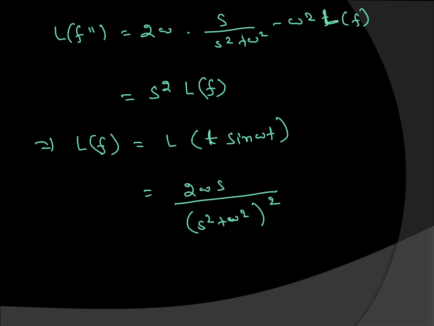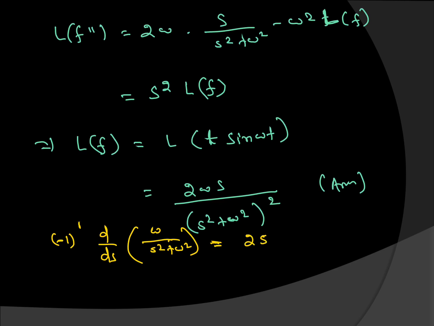This is a little bit lengthy. So if you want to do Laplace of t into sin omega t, we know Laplace of sin omega t is omega divided by s square plus omega square. T to the power n is 1, so minus 1 to the power n is minus 1. Single time you have to do the derivative. If you solve this, you will get 2 s omega divided by s square plus omega square whole square.